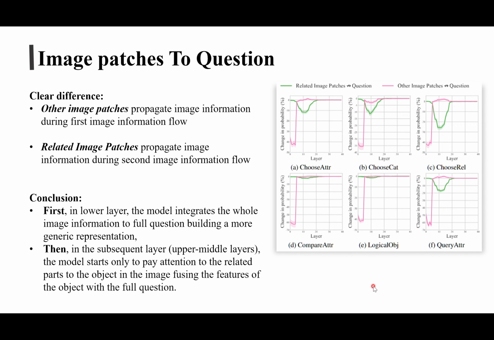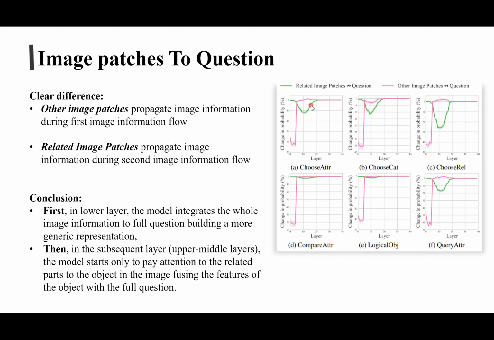We can see there are two different lines. The pink line means we block the attention edge between the other image patch and the question. And the green one means that I block the attention edge between the related image patch and the question.